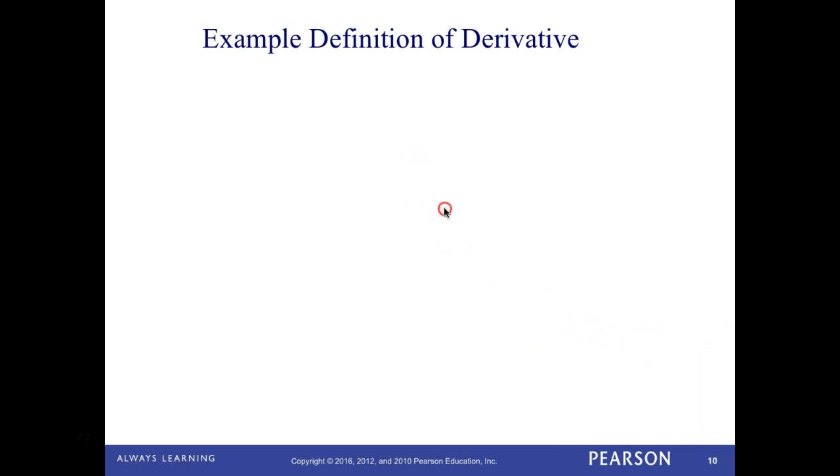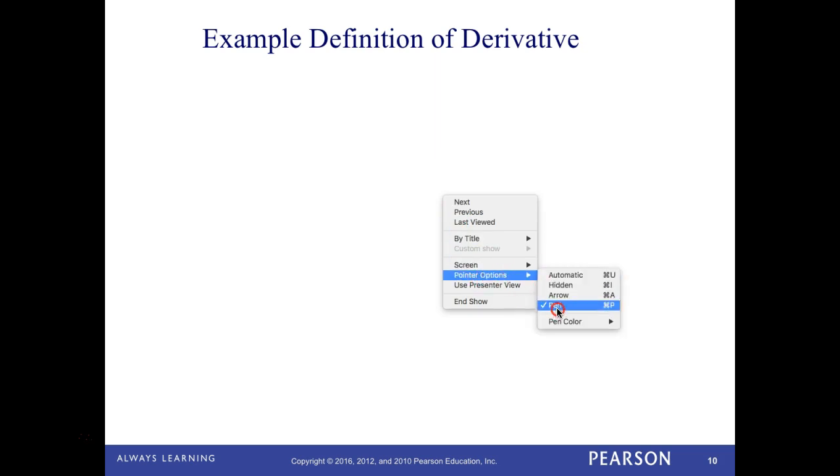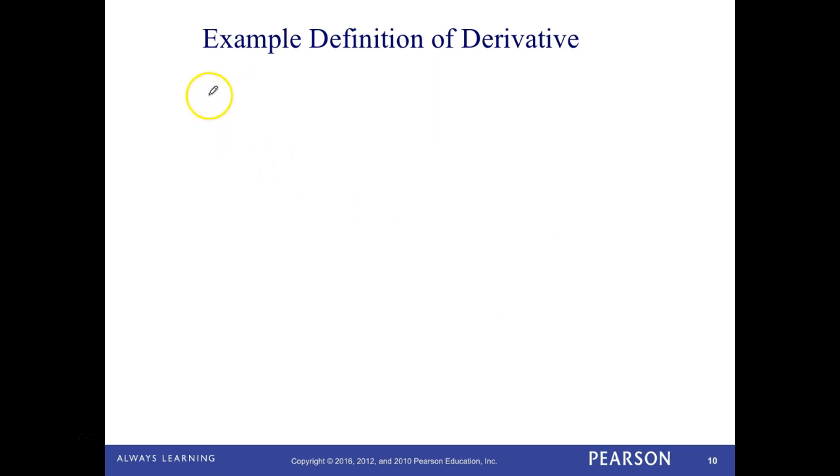Let's say our original function f of x is equal to, I don't know, x squared plus 2x minus 5.